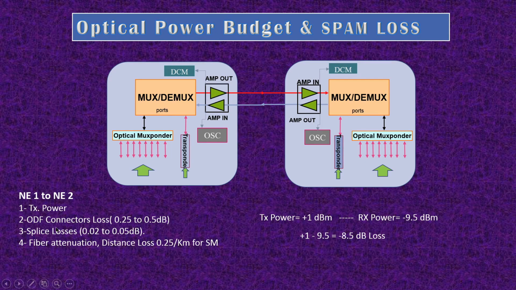If we make a TX power reference 0 dB, then in the link we will have the ODF connector loss 0.25 to 0.5 dB, and the splice losses for fusion splicing 0.02 to 0.05 dB, and fiber attenuation depends on the distance, like we calculate for 1550 long distance 0.25 per kilometer for the single mode fiber. Also attenuation and dispersions, everything is included in the power budget.